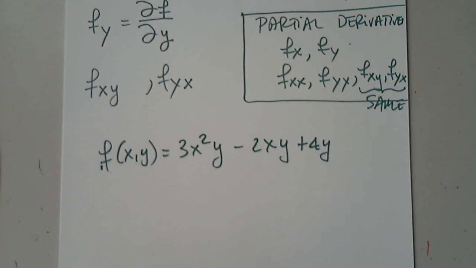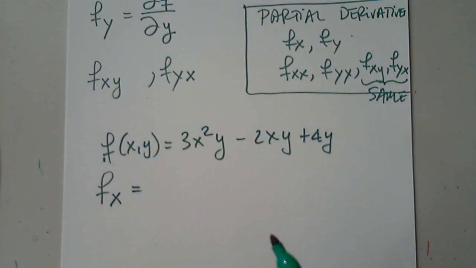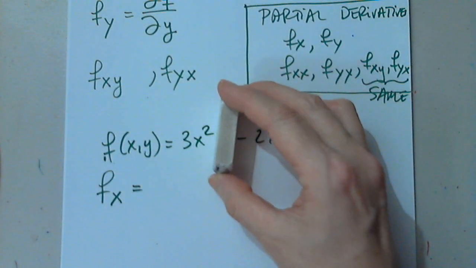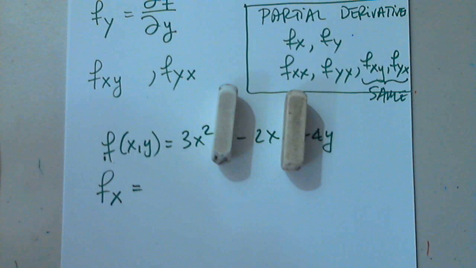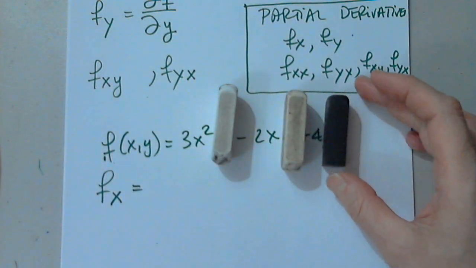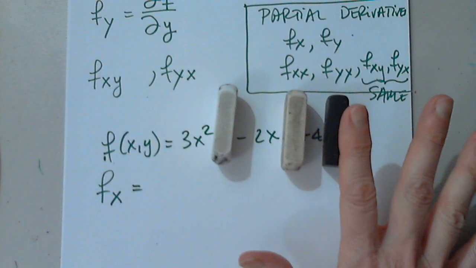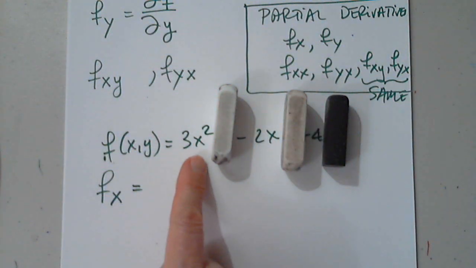Okay. So if I want to find fx, it means that I consider y a constant. I ignore it completely. So I differentiate with respect to x.